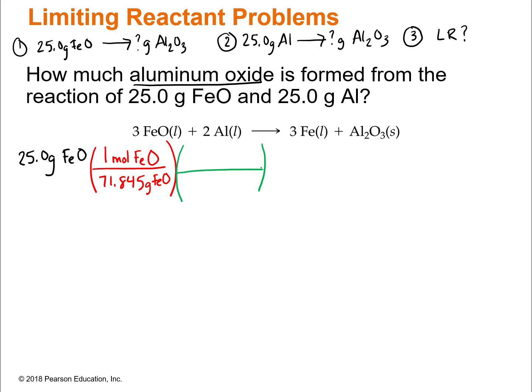What's my mole ratio this time? We have iron 2 oxide. We're trying to figure out how much aluminum oxide we make.